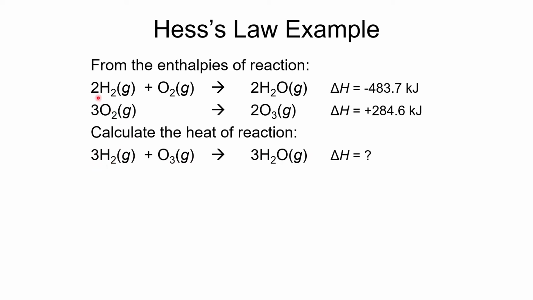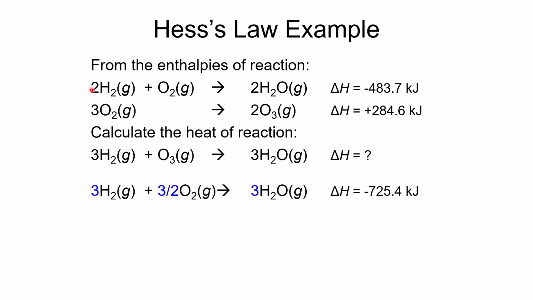And if you look, there's only one place that hydrogen is present in the above equations. It is on the reactant side, as is this one, but it's not the correct number. So what we're going to need to do is take that top equation and multiply it by 1.5, or if you want to think of it as 3 halves. So we'll multiply that top equation by 3 halves.